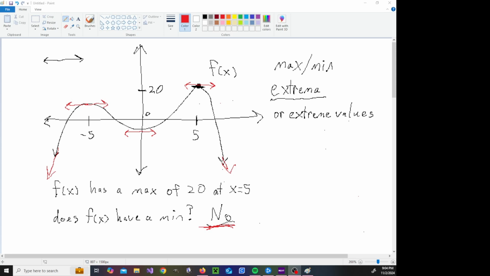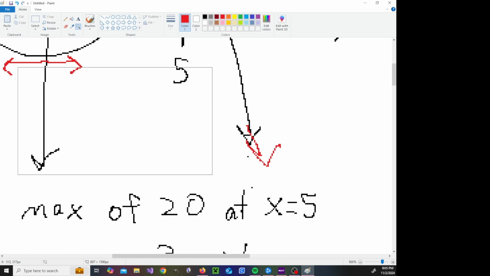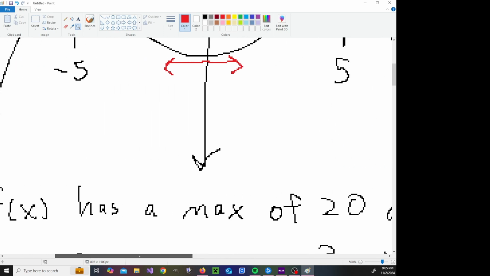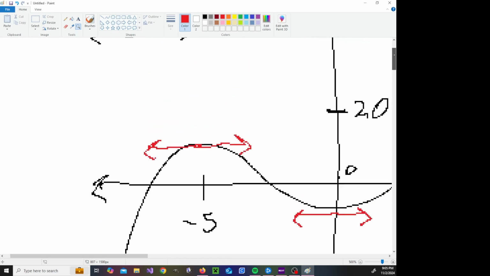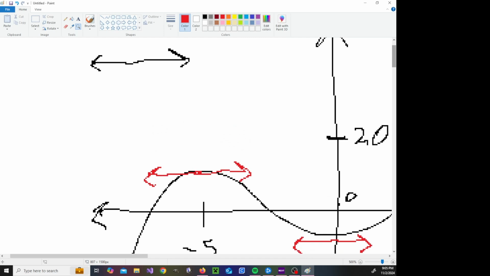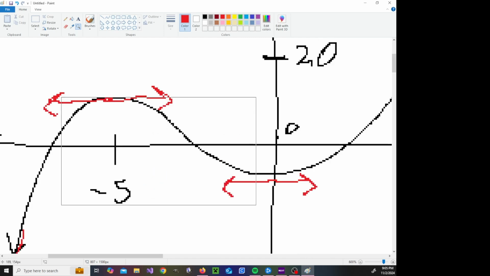Notice the shape of the function everywhere that I have these flat tangent lines; it looks similar. And if I zoomed in enough, so that I couldn't see the entire world that this function is, then just right here, it looks like I might have an actual maximum value.